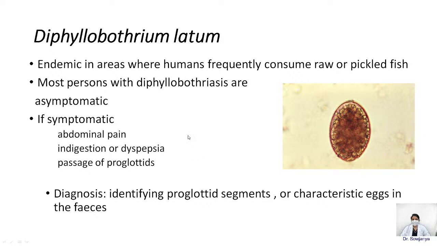So gross examination of stool is important in these cases, and it can be diagnosed by identifying the proglottids present in stool or characteristic eggs that are passed into the feces. This is the diagram of the egg of Diphyllobothrium latum.